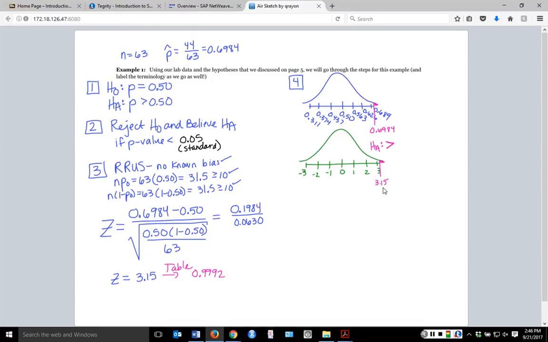Now when I'm looking at my picture here, what we would have done before was said, well, the probability then, since it's shaded right, is going to be 1 minus our 0.9992, which is 0.0008.